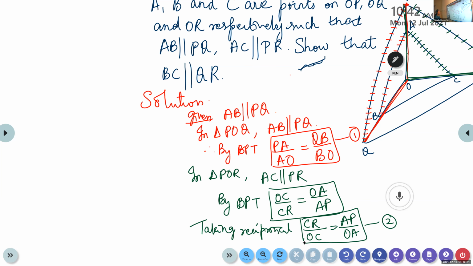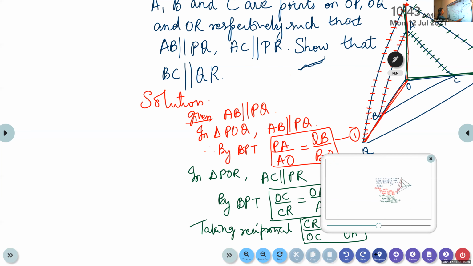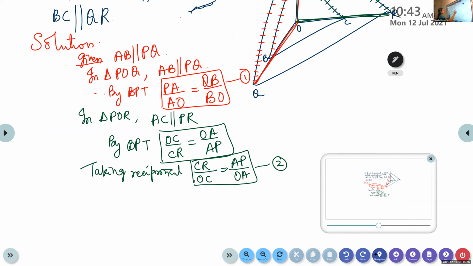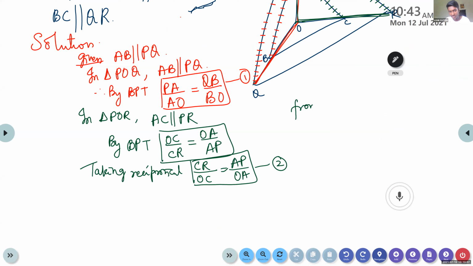Compare 1 and 2. What condition will you get? Why did we take the reciprocal? Here we have PA in the numerator, and here we have PA in the denominator.